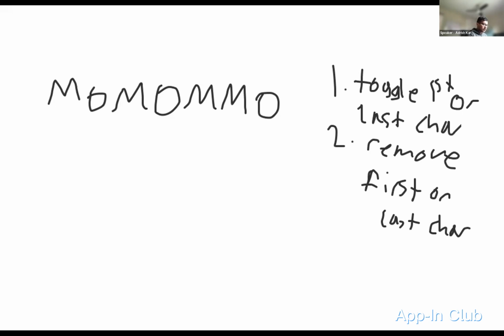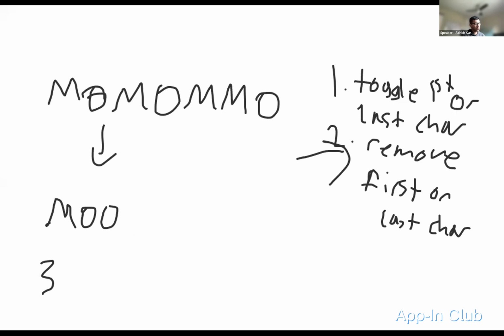We want to end up at MOO. With this problem, the first step would be to notice that the desired string length is 3 at the end. And if your string has a length greater than 3, you need to use the second operation in order to make the final length 3.